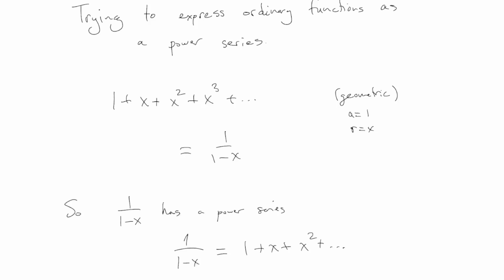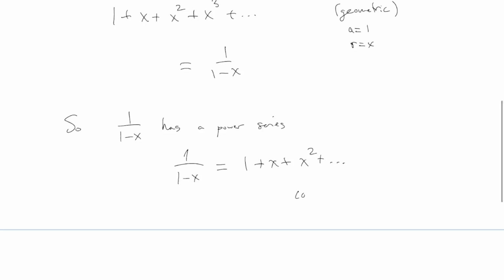Like we did last time, with many examples, we calculate the interval of convergence. In this case, it converges when the absolute value of x is less than 1, right? It's because it's a geometric series with r equals x, and the geometric series converges when the absolute value of r is less than 1. And in this case, r is x. All right? So that function has this power series.